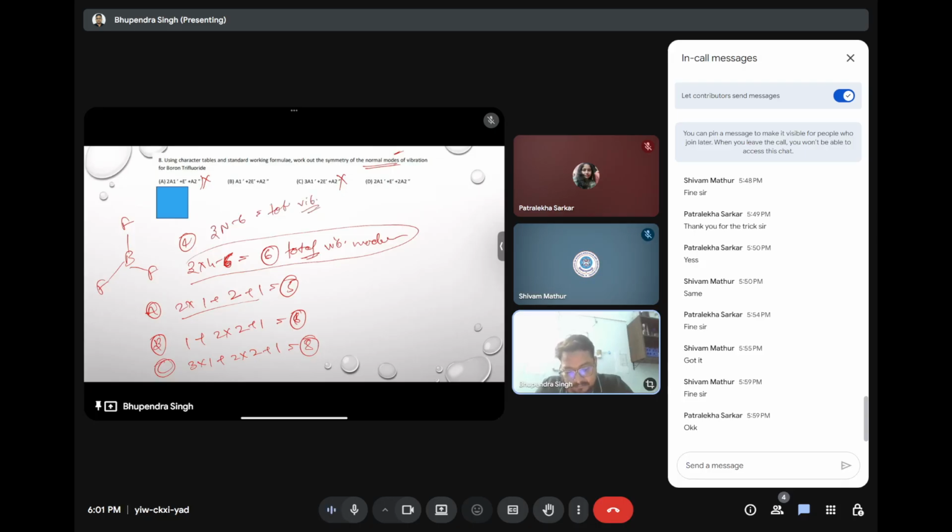According to this formula we are getting 6. For D: 2 into 1 plus 2 plus 2 into 1, so 6. So B and D can be the answer. This is just to solve quickly.